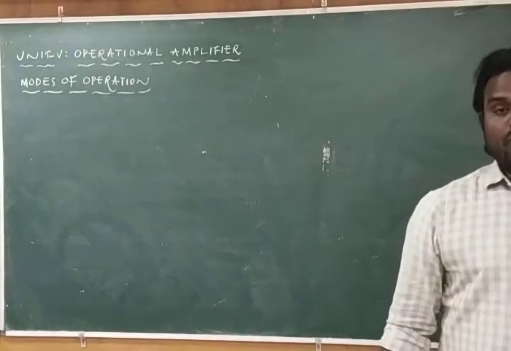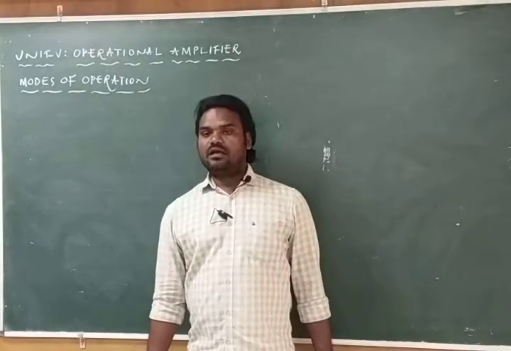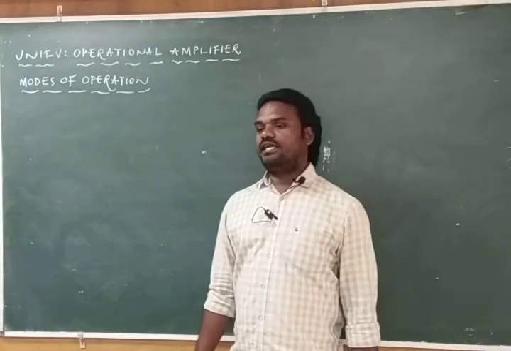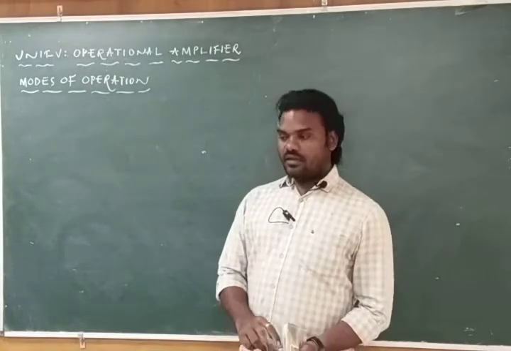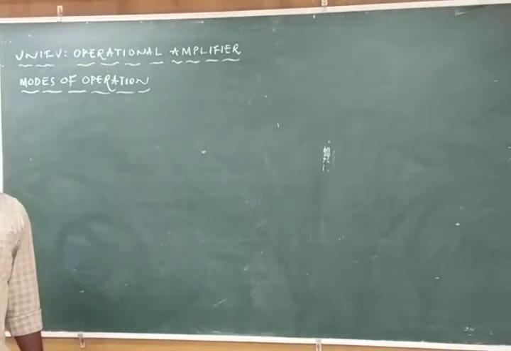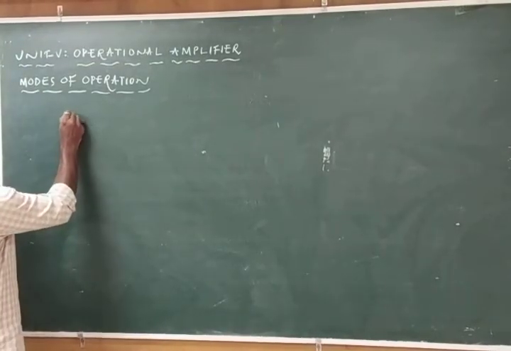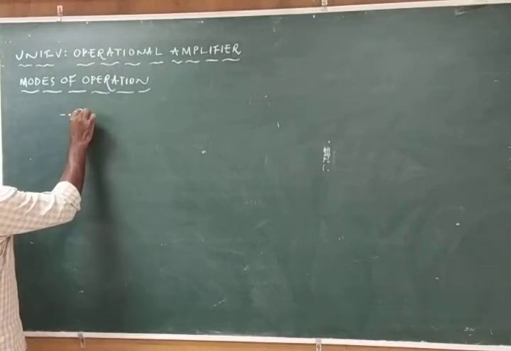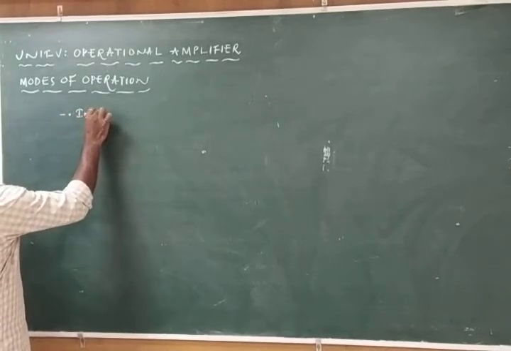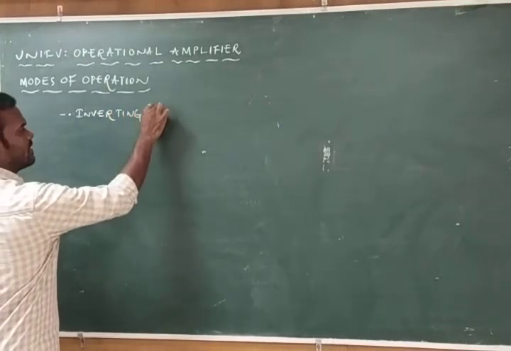I am going to talk about the modes of operation of an operational amplifier, that is IC741. As we discussed, an operational amplifier can be operated in two modes. First is the inverting mode of operation.